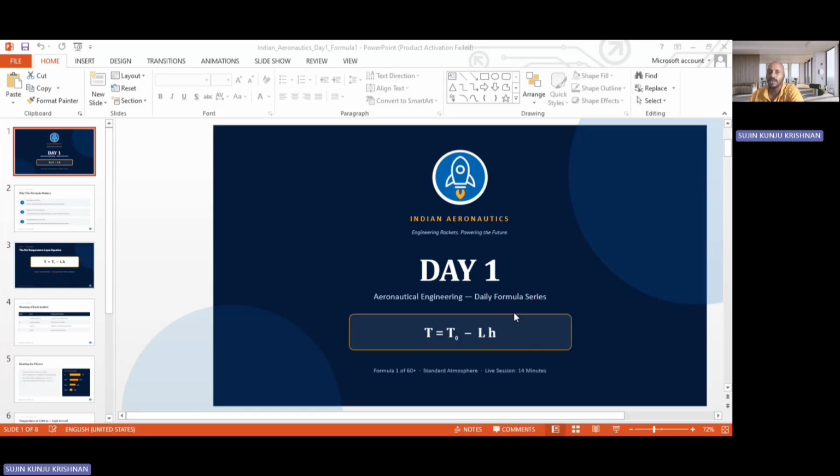T is the temperature we are trying to find at some altitude.